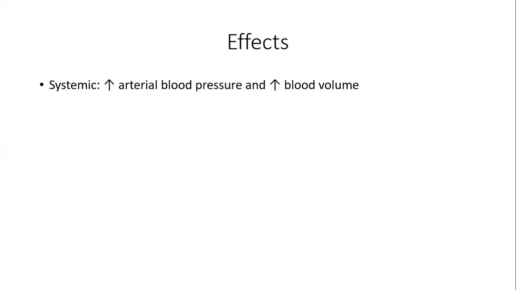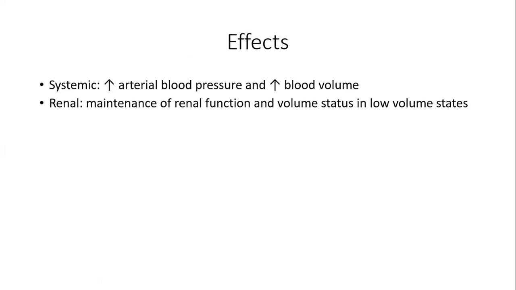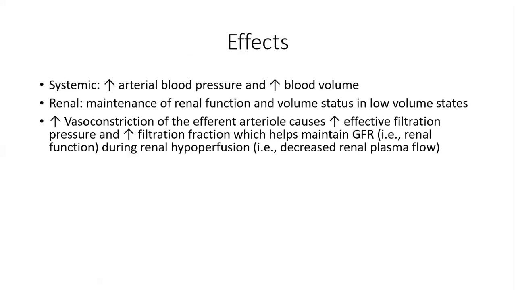What are the overall effects of this system? It will cause increased arterial blood pressure and increased blood volume. In the kidney, it will maintain renal function and volume status in the low volume states. Increased vasoconstriction of the efferent arteriole increases effective filtration pressure and filtration fraction, which will help maintain GFR during renal hypoperfusion.